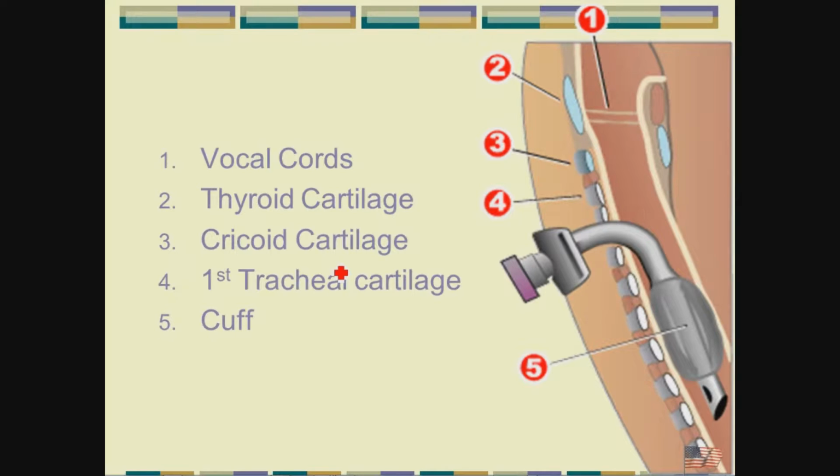When it's properly placed, you can see it's well below the vocal cords, so phonation is no longer possible with the natural airway. Yes? How does it breathe during the procedure? Well, the endotracheal tube is left in place until that tracheostomy tube is slid in, and then one is slid in and one is slid out. They're just swapped out.